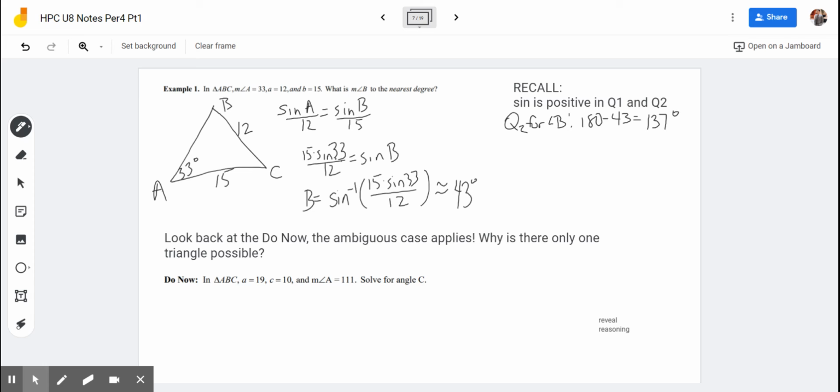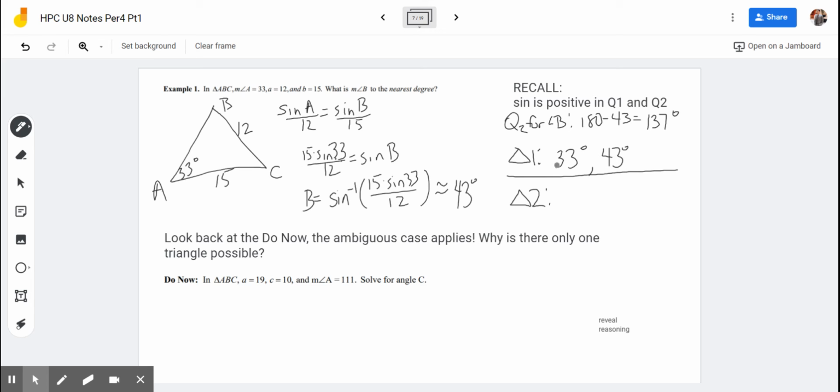Okay. So what does this mean? We can actually have two triangles for this figure. So we have two possible triangles here, okay? The first triangle here, angle A is still going to be 33 degrees. Angle B, when we first found it, was 43 degrees.